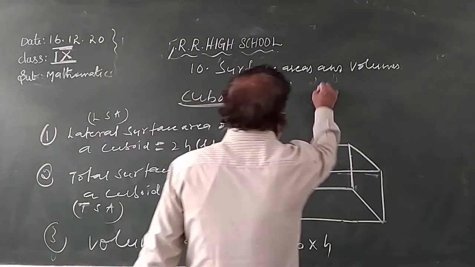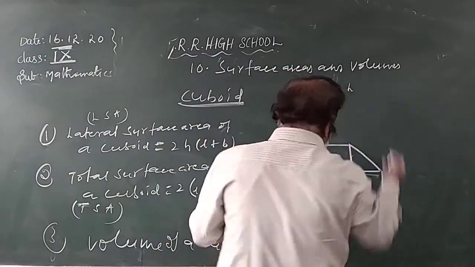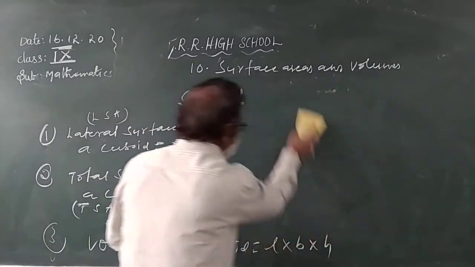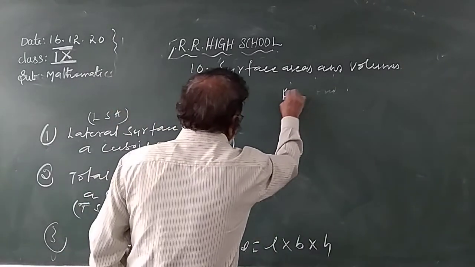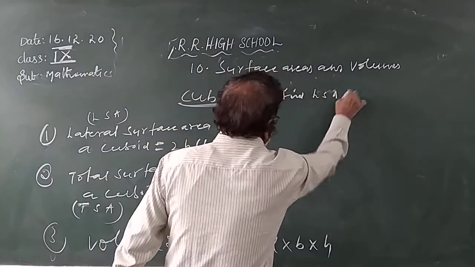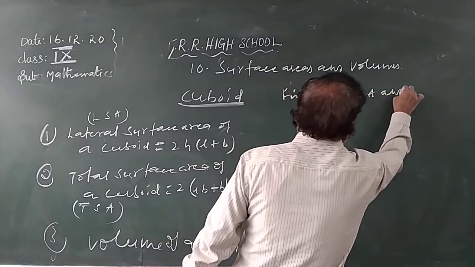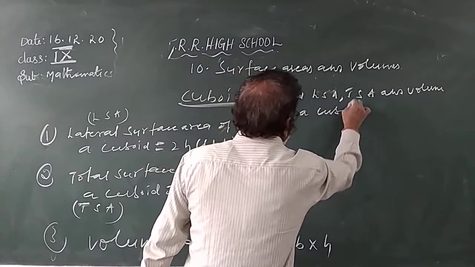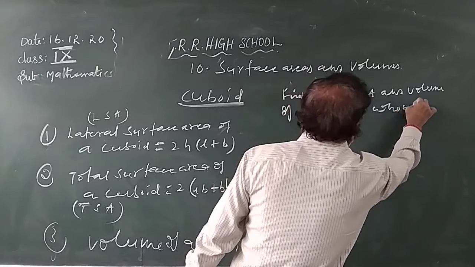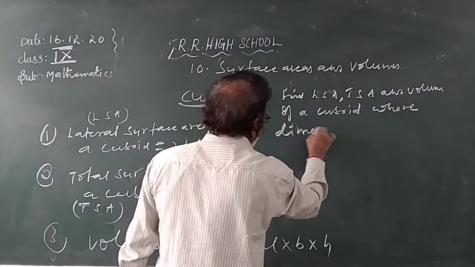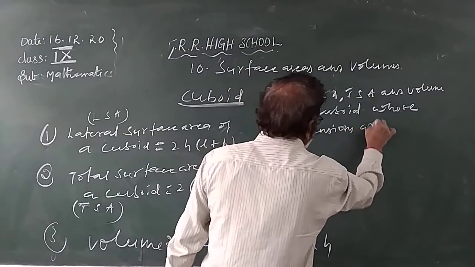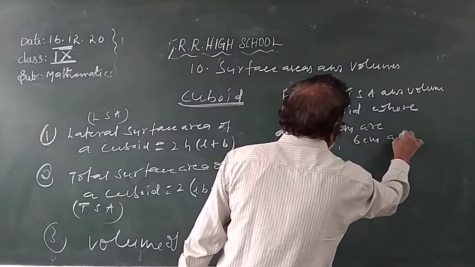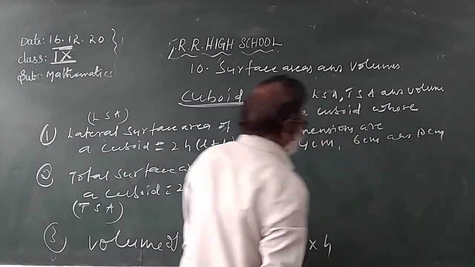One problem is left. I will erase this figure, children, and give some problem on this. Find the LSA, TSA, and volume of a cuboid whose dimensions are 4 centimeters, 6 centimeters, and 10 centimeters.